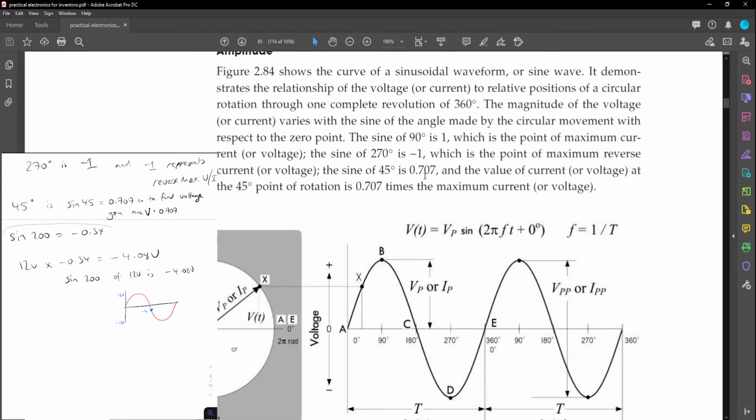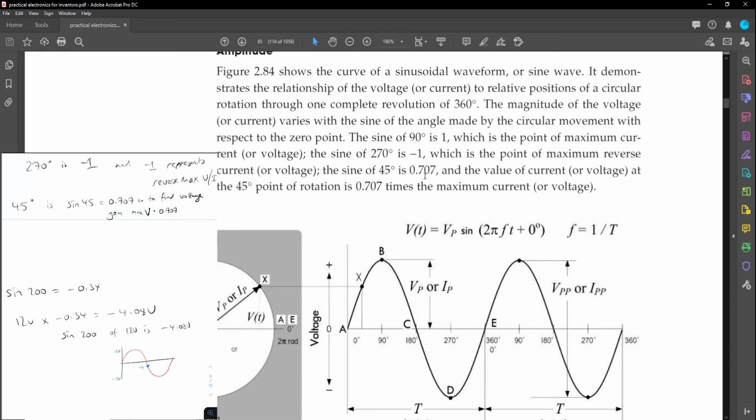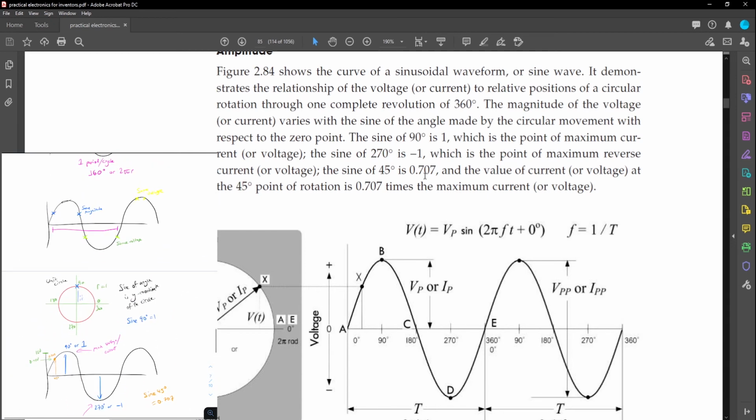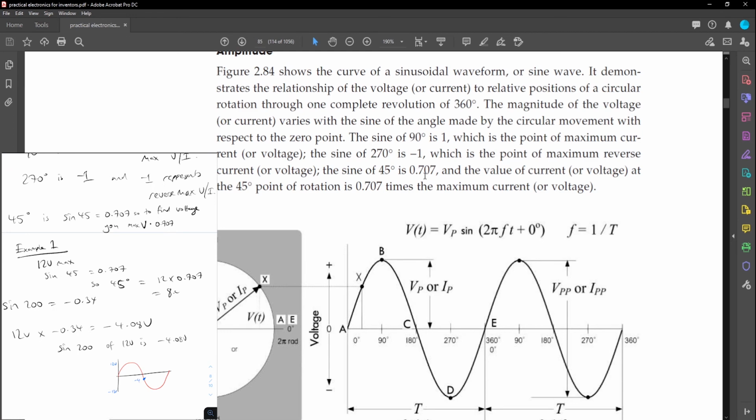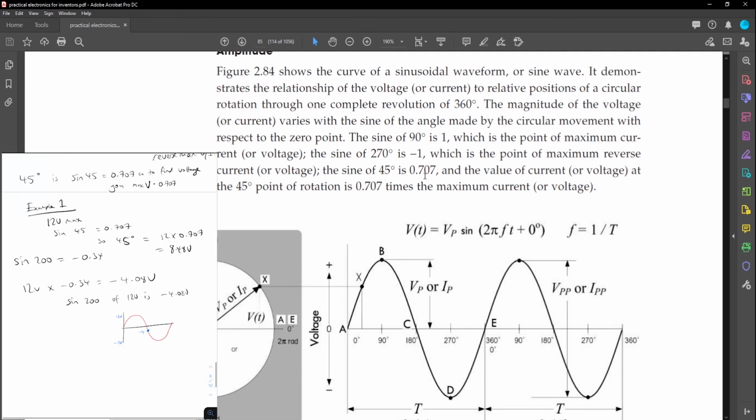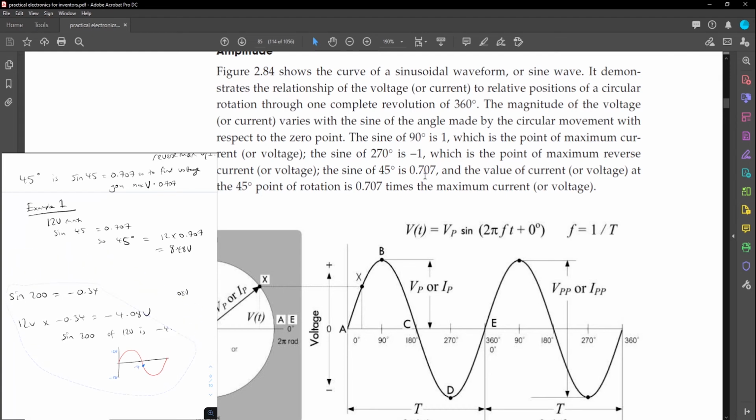As an example 1: 12 volts max, sine 45 is 0.707. So 45 degrees is equal to 12 times 0.707, which we've already said was 8.48 volts. And then we can just draw the little sine wave for that. Crap.